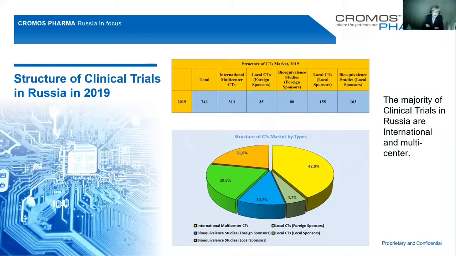But in order to make the value proposition of working in Eastern and Central Europe clearer, we chose to sort of down select on Russia and walk through the way things work in Russia, the way they're structured, so that we can explain to you the benefits, and you can extrapolate this to the other Eastern and Central European venues, because while they're quite different in their regulatory procedures from one country to another, in general, the quality, the ability to enroll, the economic benefits, and so forth among these venues are fairly consistent.